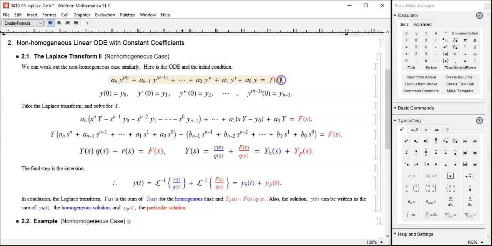It starts from f of t, which is a specific function, and then its Laplace transform is capital F. Again, this is totally determined. And then capital F of s over q of s. Q is the characteristic polynomial. Again, this is well-defined, one specific function. And then Laplace inversion, and then coming back to this. So there's no undetermined anything here.